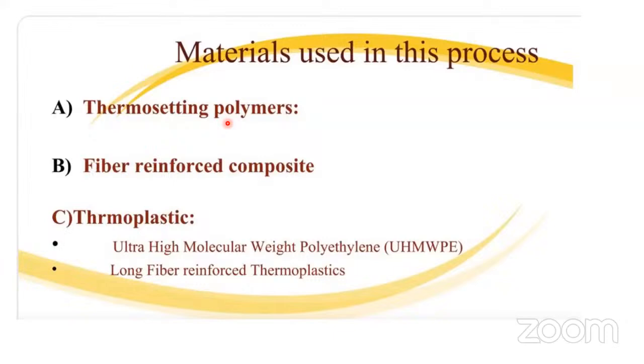Now, friends, here you may have three types of thermosetting resins. They are divided into three types: A-stage resin, B-stage resin, and C-stage resin. What is the A-stage resin?